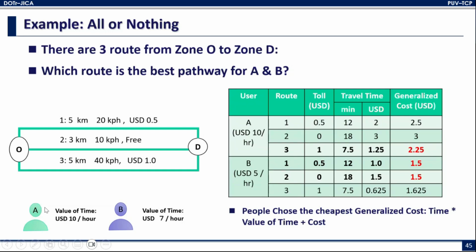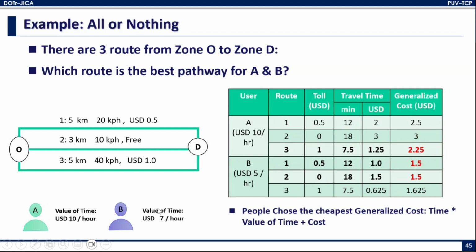For example, for person A, route 3 is the cheapest path because the toll fee is $1, while the travel time cost is 1.25.